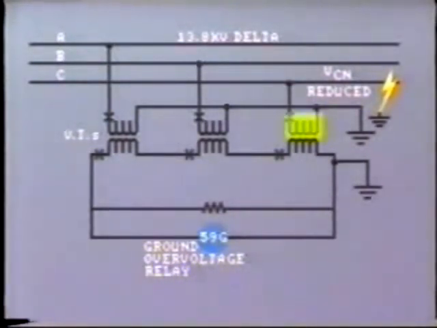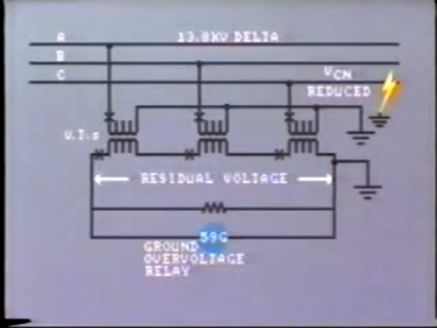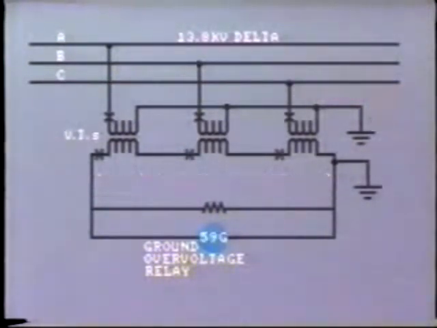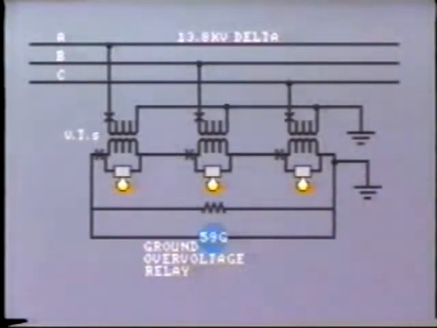This reduces the voltage across the primary of that phase. This will cause a reduction of voltage in the associated secondary. Hence, a residual voltage will appear across the ground over voltage relay to cause operation. Additionally, indicating lamps can be placed across each secondary, thereby giving indication of which particular phase is grounded.